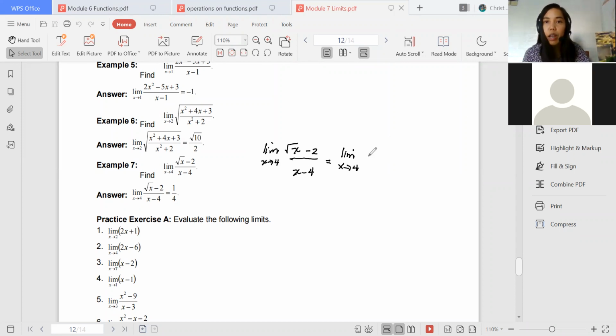So when we factor x minus 4, you might think there is none, but that is also the same as square root of x plus 2 multiplied by square root of x minus 2. Because square root of x times square root of x is equal to x. This is the factors of difference of two squares.